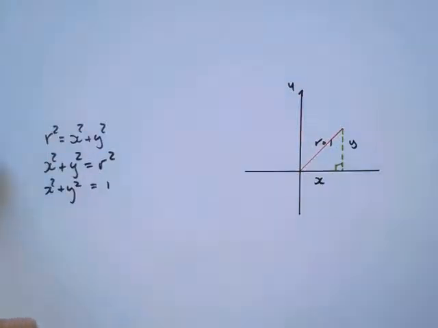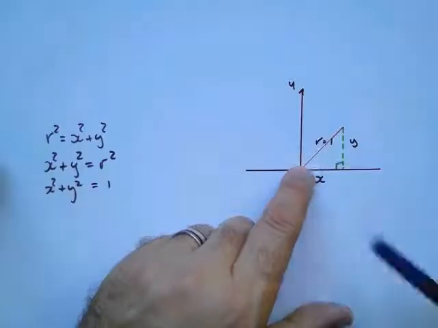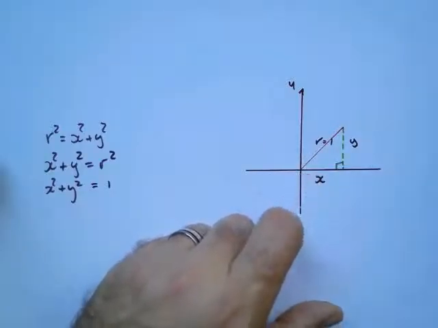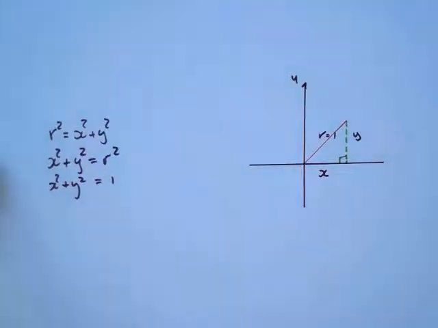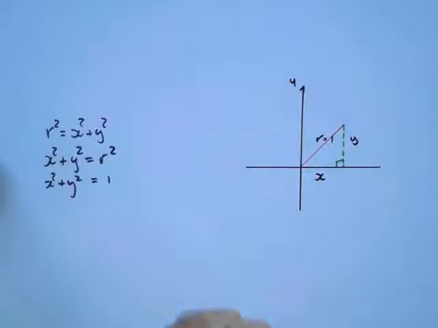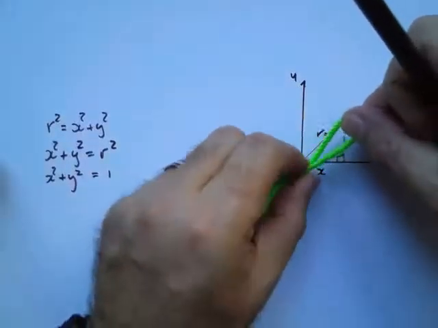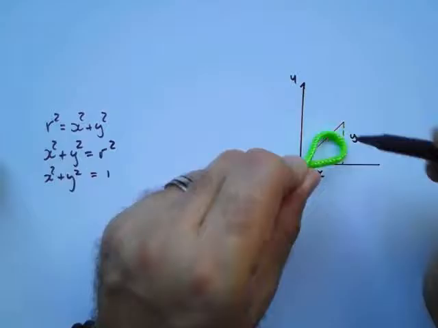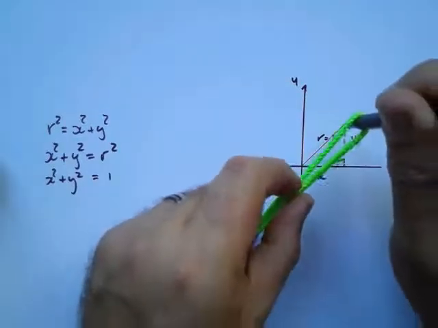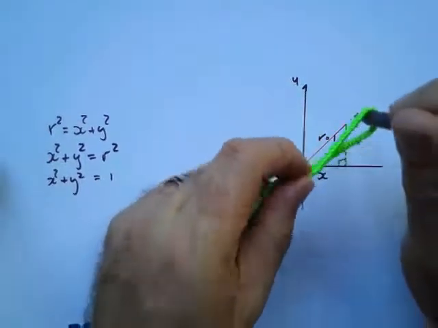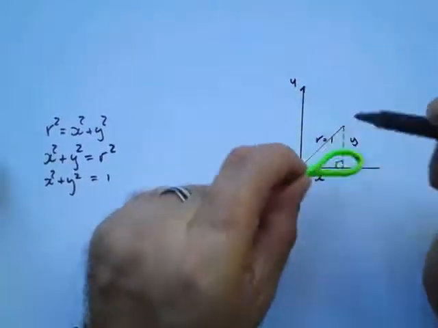Or let's have a look. If I say now, where else will r be 1? I can take a string. I'm going to say, right, that distance that I'm there will be 1, when it's that distance.